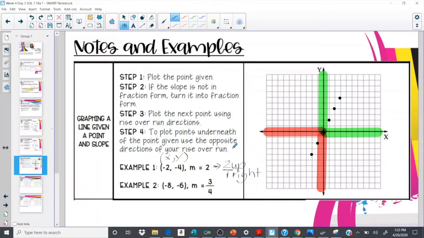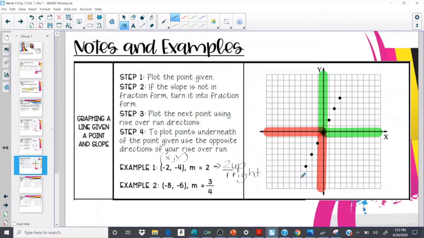Then the last step says to plot points underneath of the point given, which is the one at the very bottom. Use the opposite directions of your rise over run. We found directions 2 up, 1 right, so we are going to go in the opposite directions to plot any points underneath of this bottom point. That means we will go 2 down, 1 to the left.